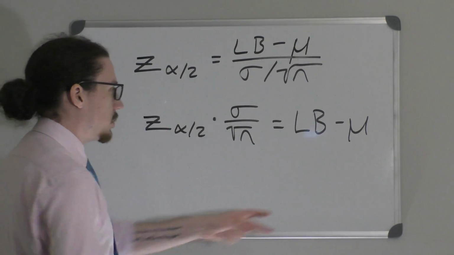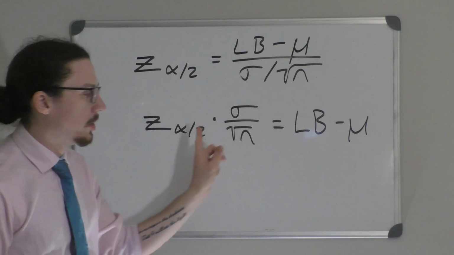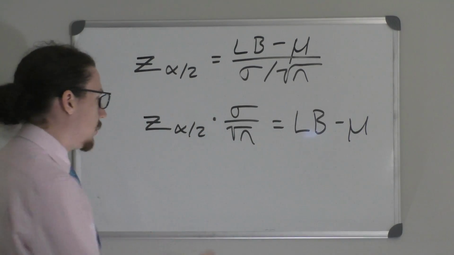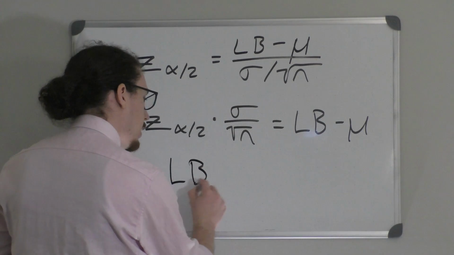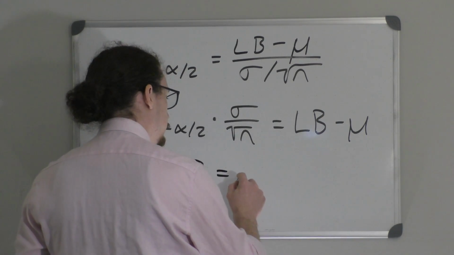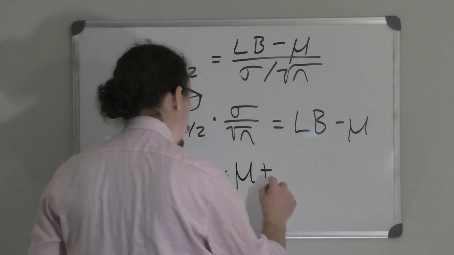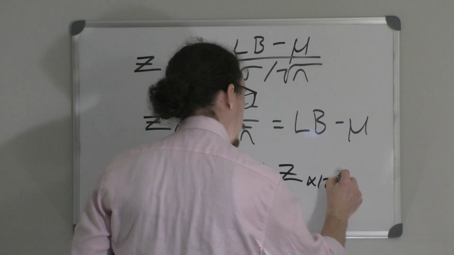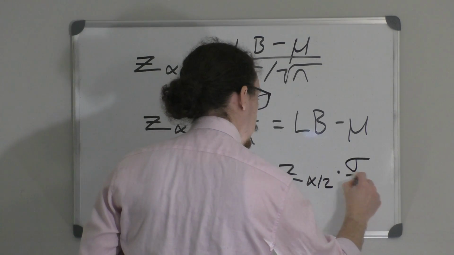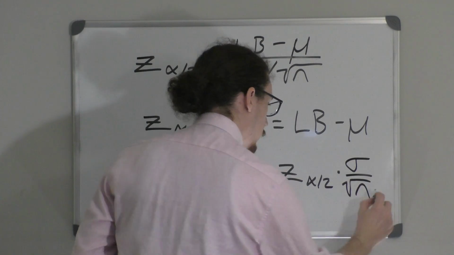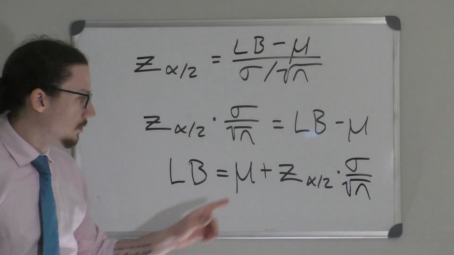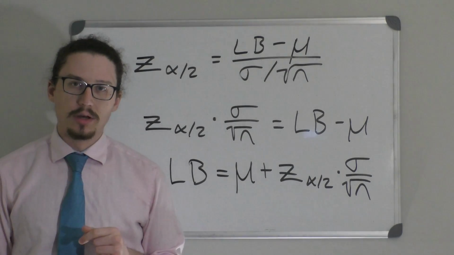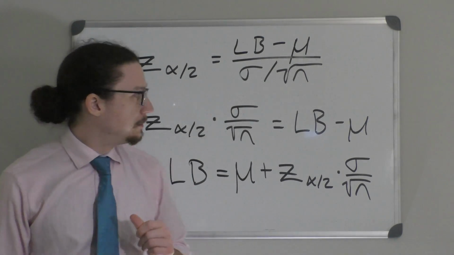But really, again, we're just adding mu to both sides, so it cancels out here. We've got all of this plus mu. And then we can rearrange things a little bit. And we'll see that our lower boundary is equal to mu plus z alpha divided by 2 times sigma divided by the square root of n.